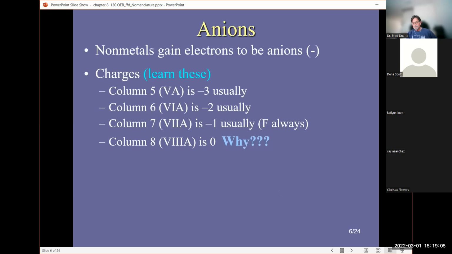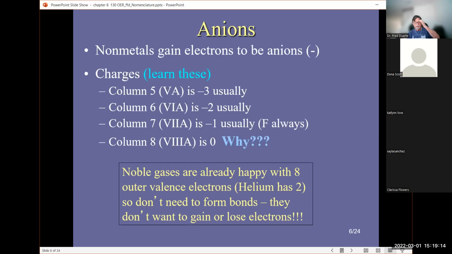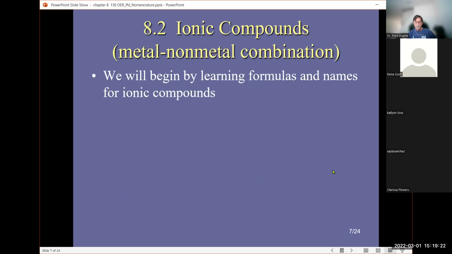Okay. And obviously the noble gases have an oxidation state of 0 because their octet is happy. It's not going to gain or lose those electrons. It's going to be very tough to do that. And helium obviously has a duet rule.